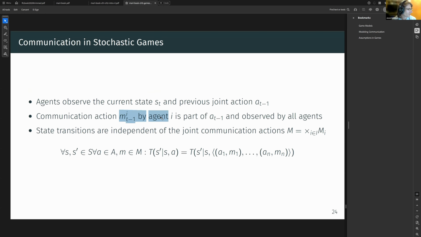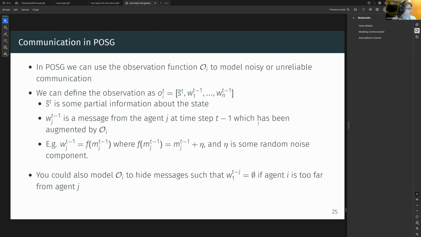We'll see later on in the book how much we actually deal with this issue of communication. In this case, the action of the agent will depend not only on the observation history, but also the message history, which will be wrapped up in with the observations. Right, which is what's dealt with here.